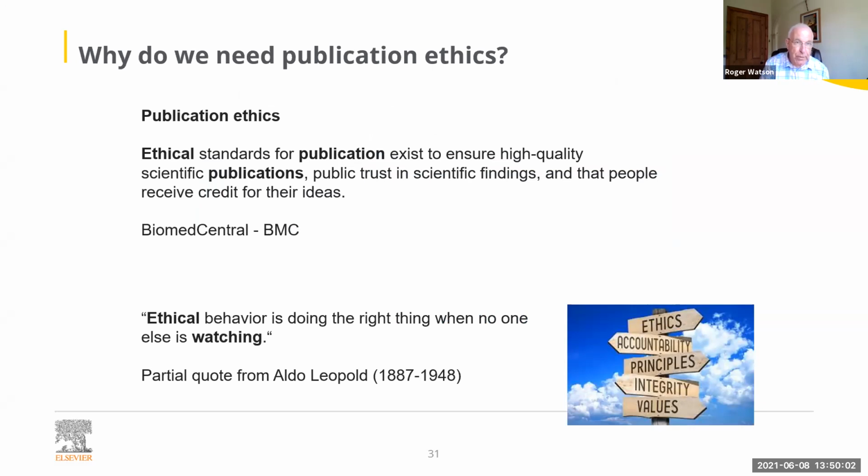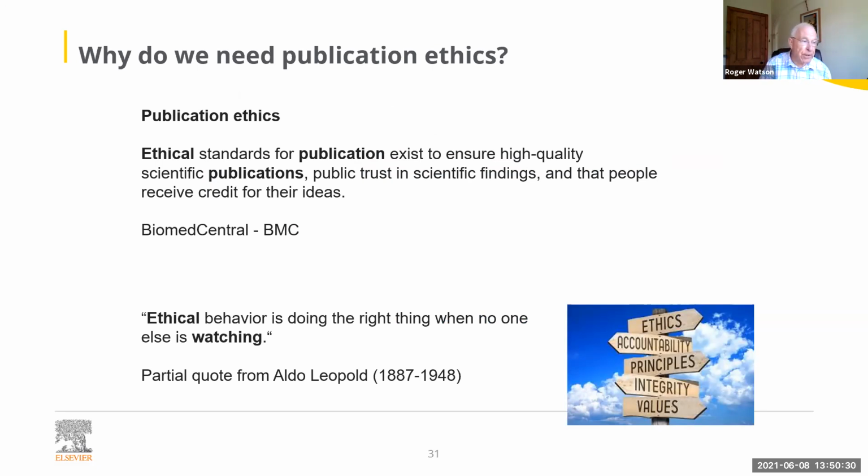So, why do we need publication ethics? Well, publication ethics exists, as it says here from BioMed Central, to ensure high quality scientific publications, publications that the public can trust and that people receive credit for their ideas. There are several aspects to publication ethics. It's not just about making sure that you do not publish the wrong thing that's unethical.